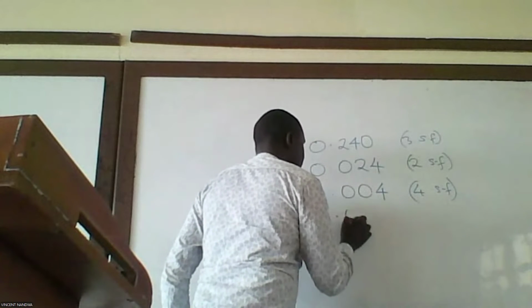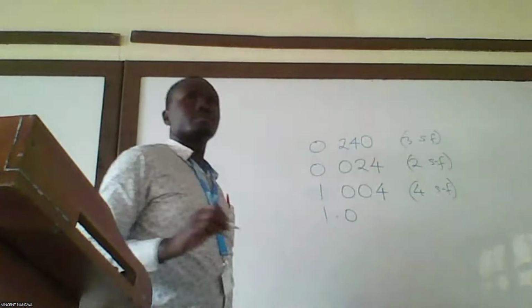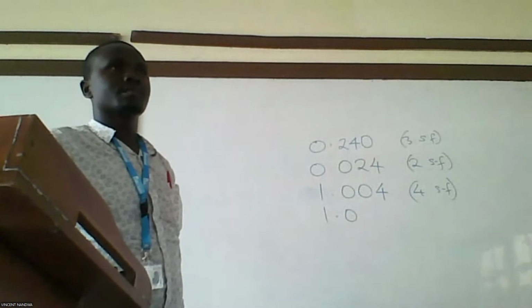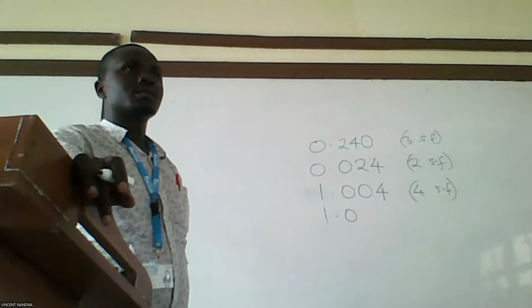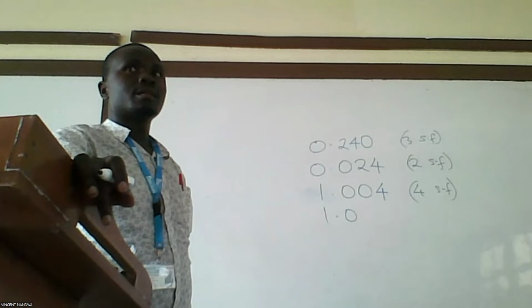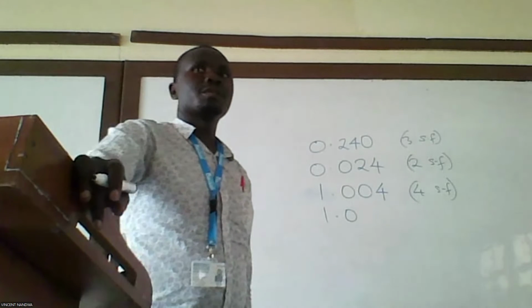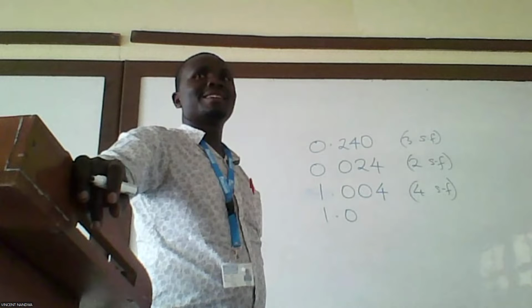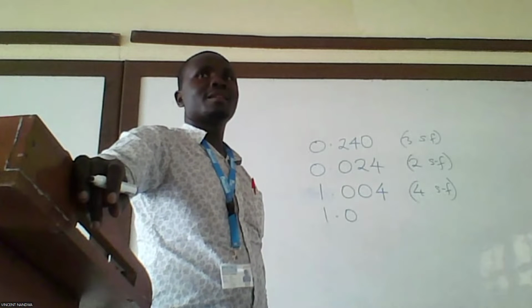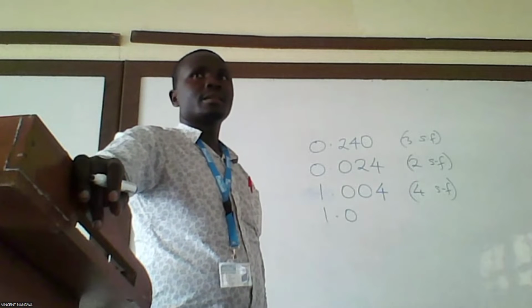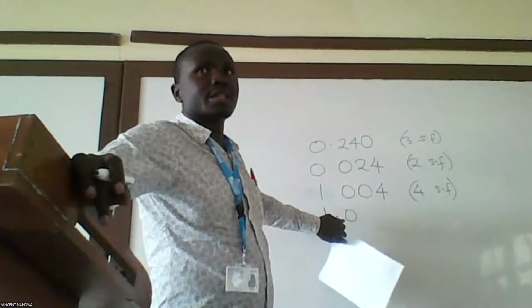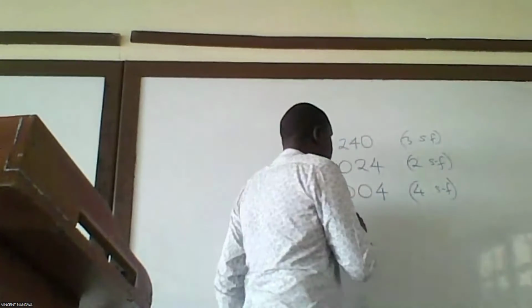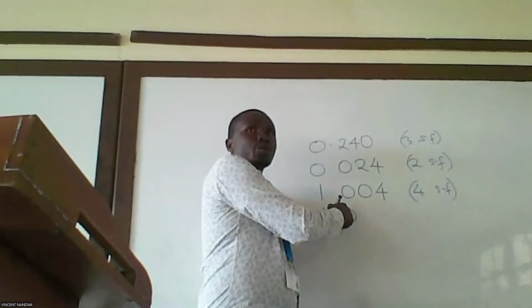Then 1.0. How many significant figures? 1.0. 2, 1, 2. Why? Because it is after a non-zero digit and a decimal number, okay? So there's no doubt about this zero.